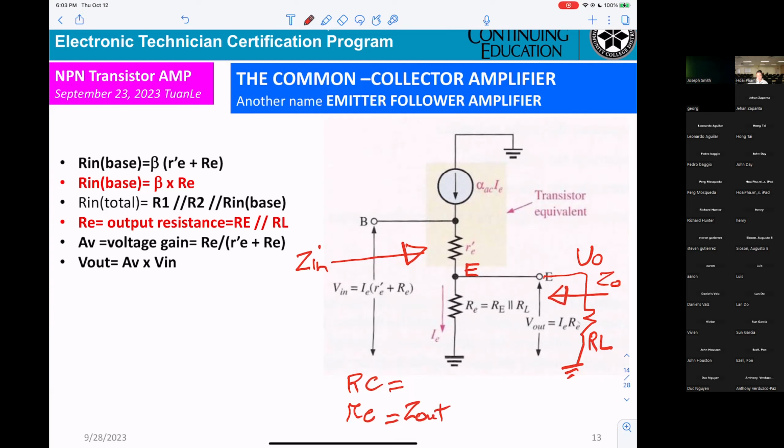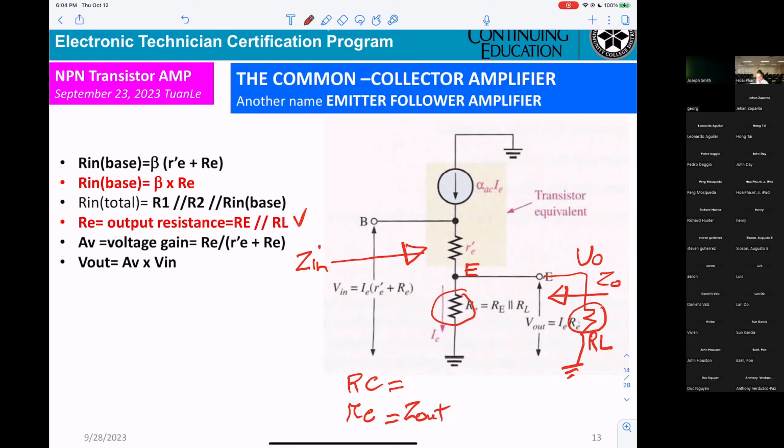AC resistance. So now, if you're looking from R out into the circuitry, what can you see? I can tell you, this resistance and this resistance, they are in parallel. So that's why they do the calculation for you right here. RE, that means R out equals RE parallel with RL.